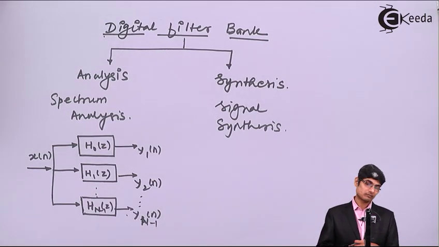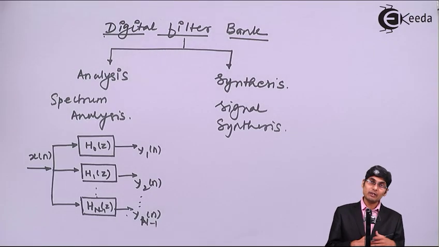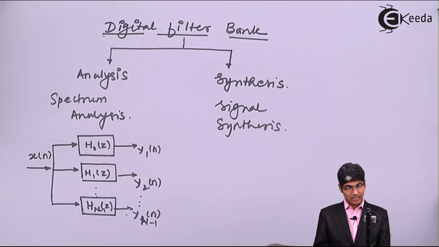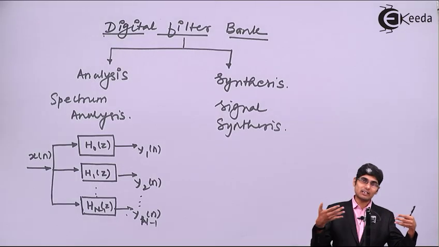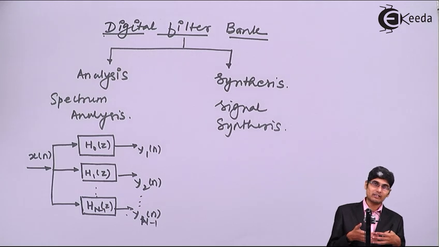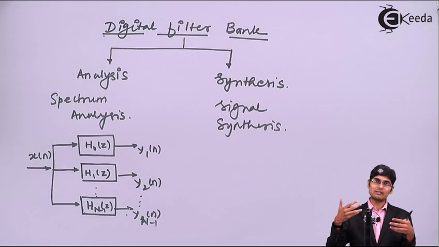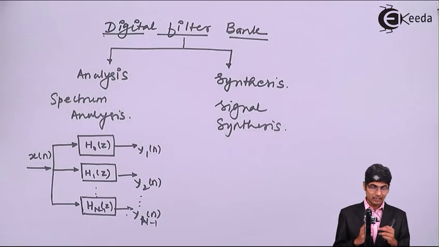Okay, fine. What will be synthesis? Many inputs will come. Let us say that all the y's are going as inputs, and then I will have an output. It does not mean that I will have an analysis and immediately a synthesis. This is a very rare case, where I will have an analysis bank and a synthesis bank immediately connected, cascaded.